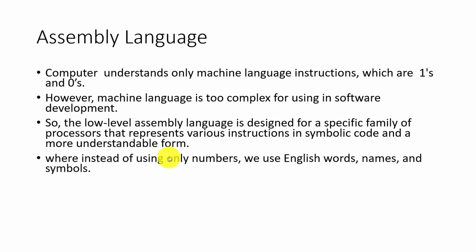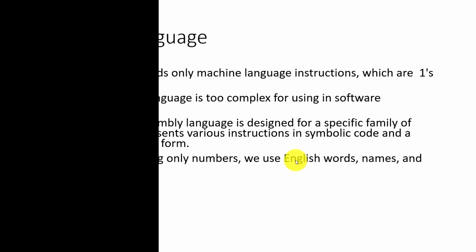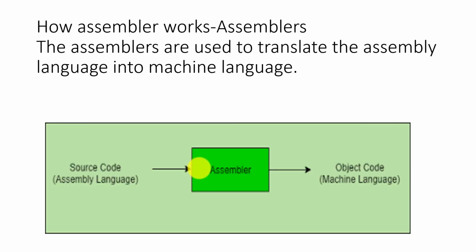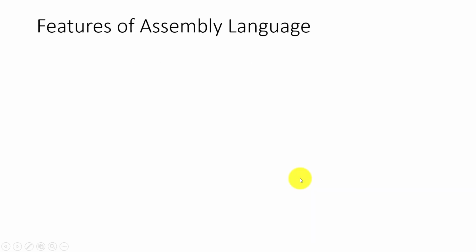It depends on architecture. That is, assembly language is designed for a specific type of architecture, and by using an assembler the source code is translated into machine code. That's why assembly language depends on machine language.